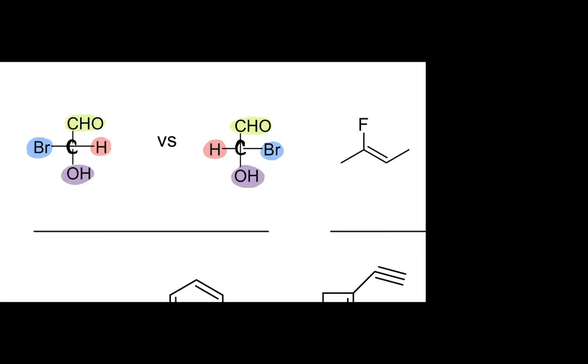So when we look at this, the hydrogens are pointing at each other, the bromines are in the back, and then we see the CHOs and the OH. These 2 molecules are mirror images of each other.